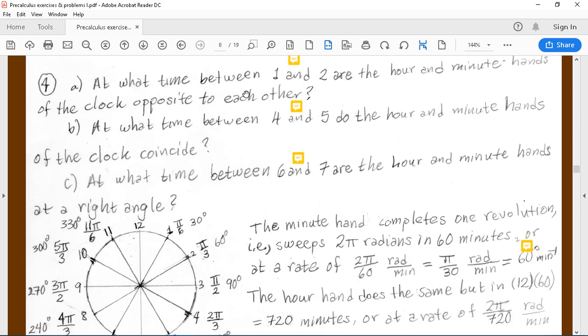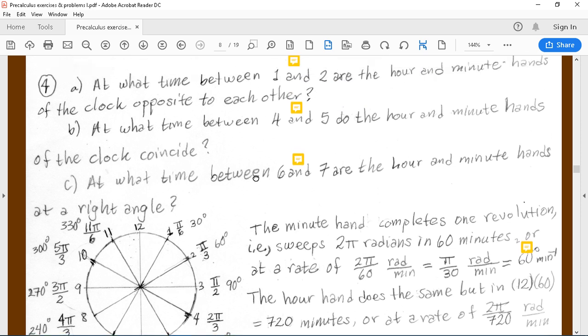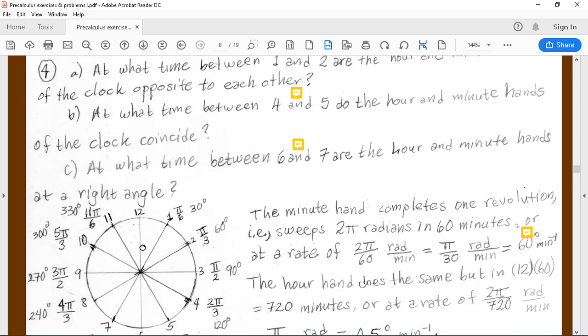Here it says at what time between 1 o'clock and 2 o'clock. So at 1 o'clock, the minute hand is pointing to the 12 mark, while the hour hand is pointing at the 1 mark, which means that at that instant, the hour hand makes an angle of pi/6 radians with respect to the minute hand.